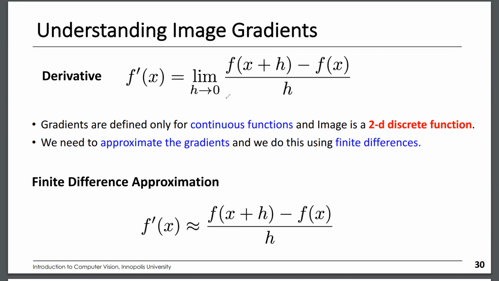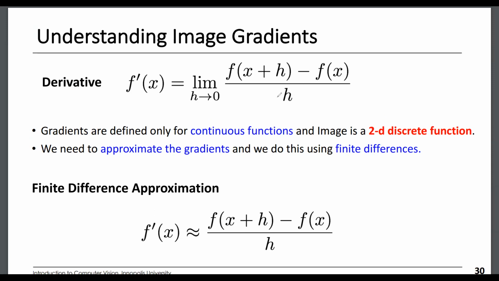Here we are trying to find the approximation of this, which is basically the change. So this is x. Let's call this x plus h. This is f of x plus h, and this is f of x.